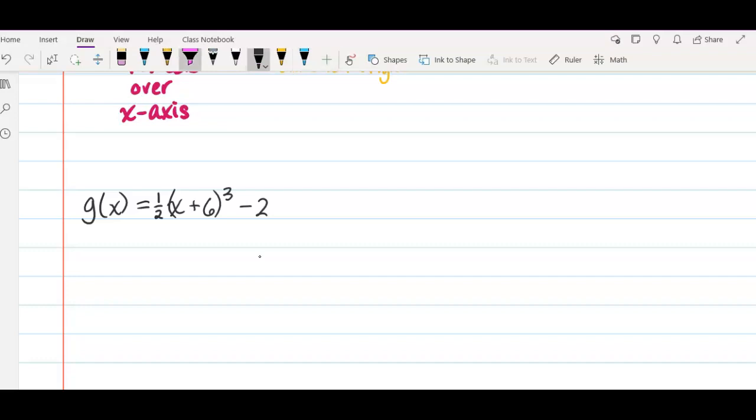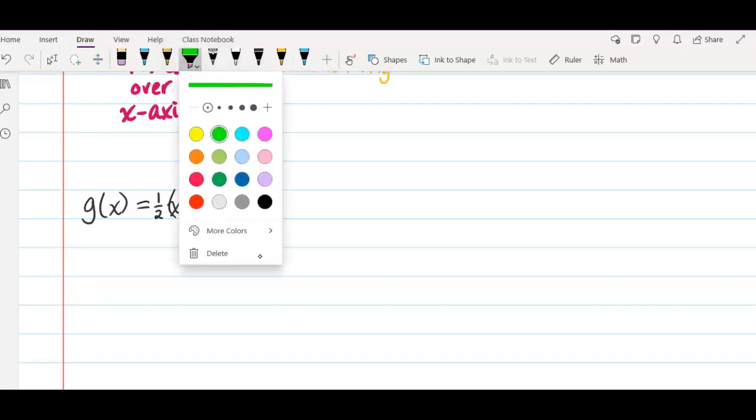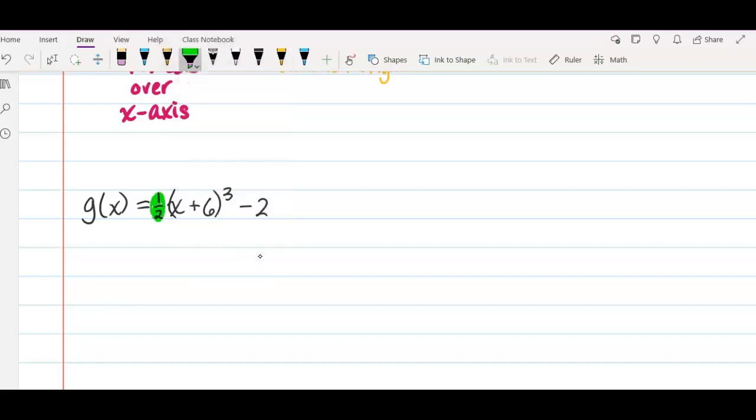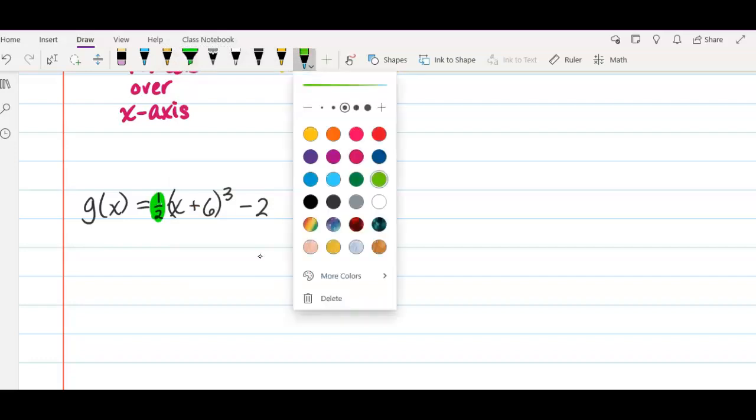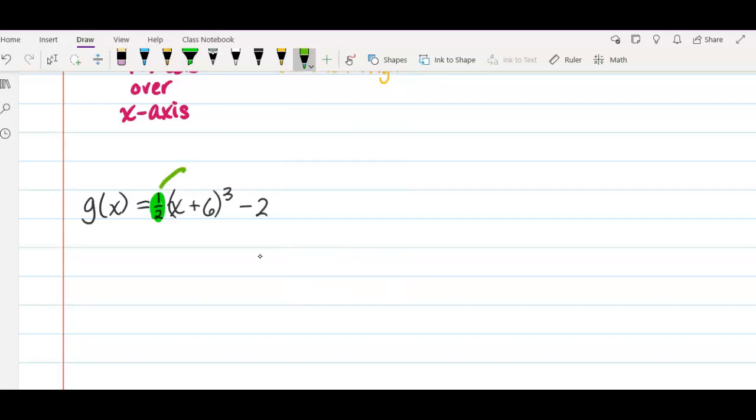So again, comparing these numbers individually, the 1/2 is going to be a compression by a factor of 1/2.